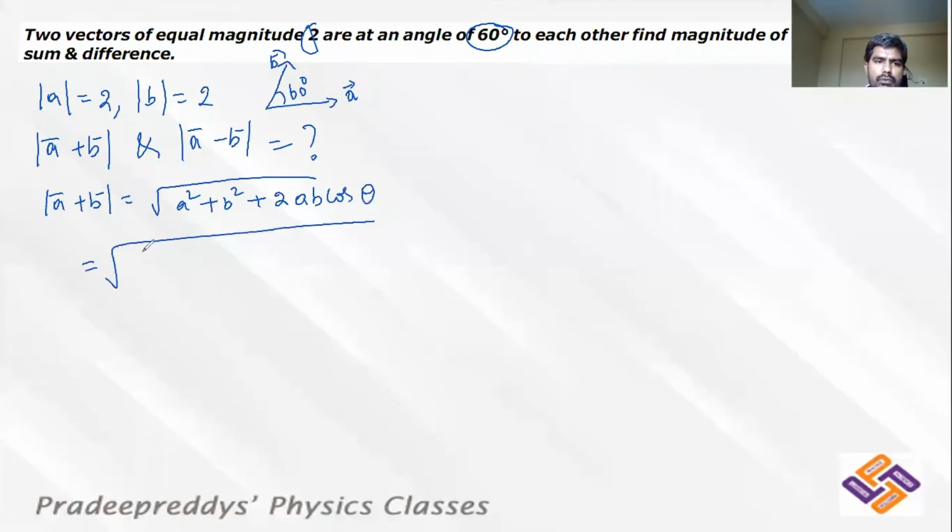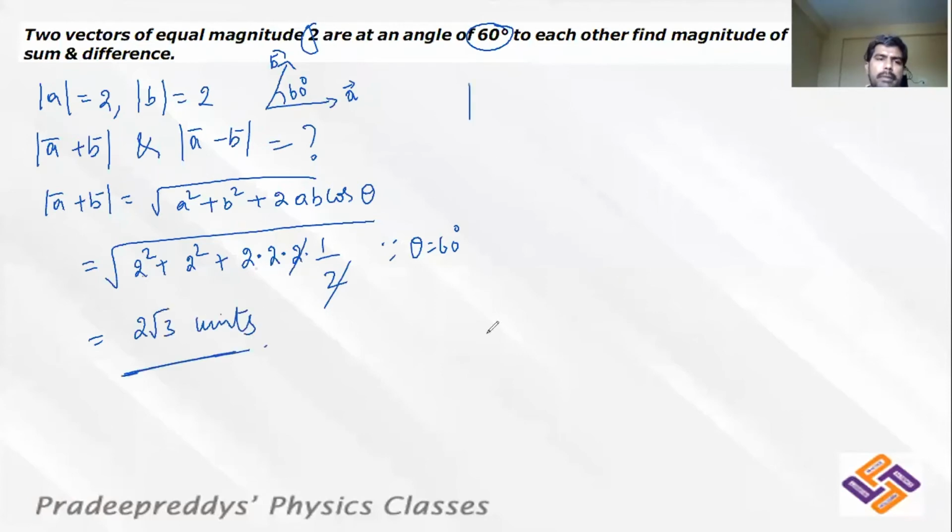So it is 2 square plus 2 square plus 2 into 2 cos 60. Cos 60 is equal to 1 by 2 since theta is equal to 60 degrees. This 2 and 2 get cancelled. 2 square plus 2 square plus 2 square, that is 2 times root 3 units. This is A plus B magnitude.